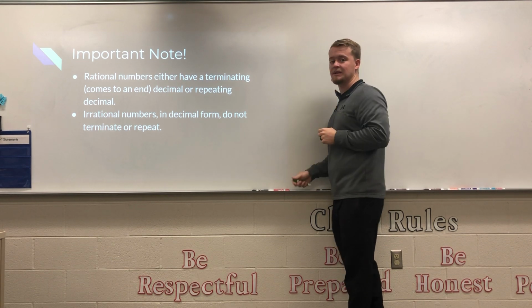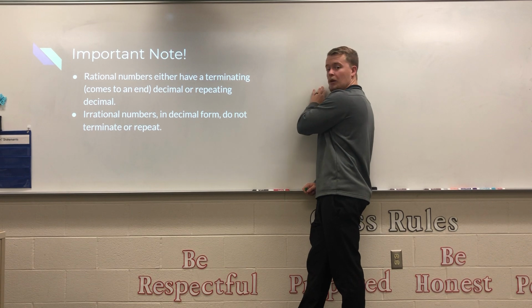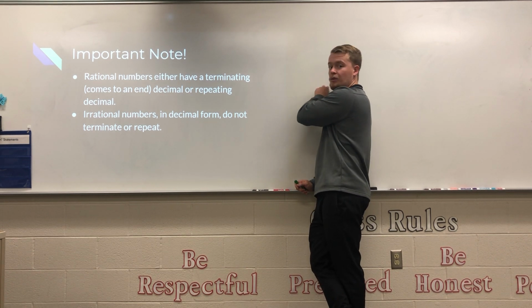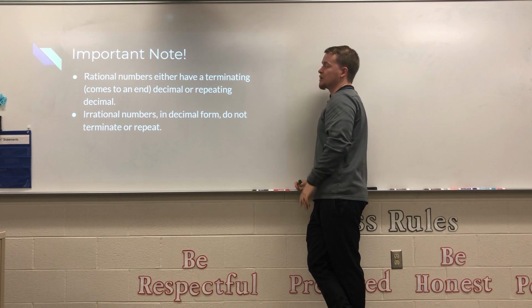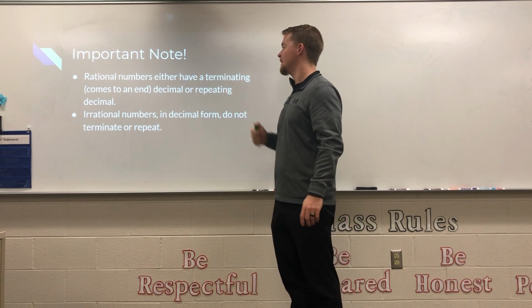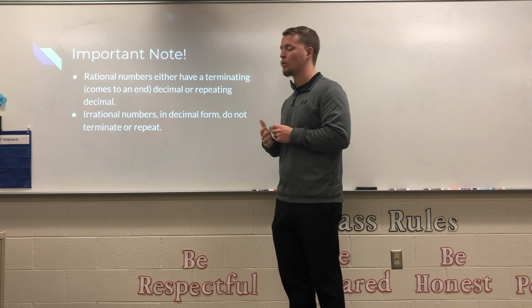Or it repeats, like 0.333333 forever. Or it can repeat multiple numbers, like 0.348, 348, 348, 348. That is also repeating. Irrational numbers in decimal form do not terminate or repeat.